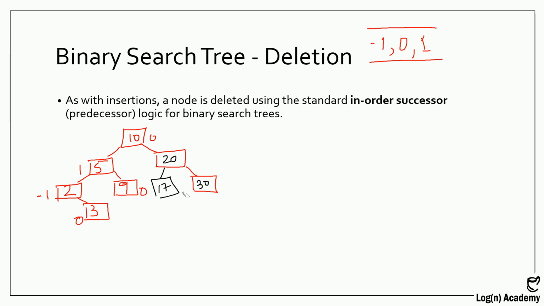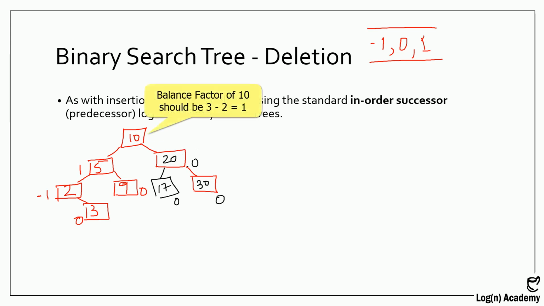Now if we calculate the balance factors, the balance factor of 17 is 0, the balance factor of 30 is 0, and the balance factor of 20 is also 0. But the balance factor of 10 is 2 minus 3, which is -1. We need not change any balance factor of the right subtree nodes because we did not change anything there. So now it's a balanced tree, an AVL tree, and every node is within the acceptable range.